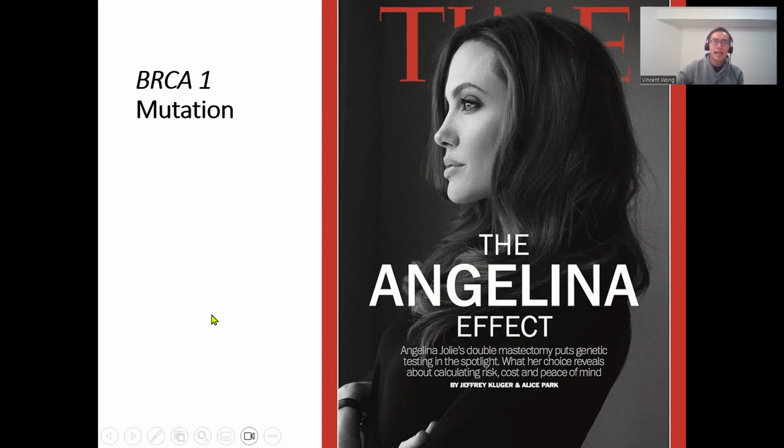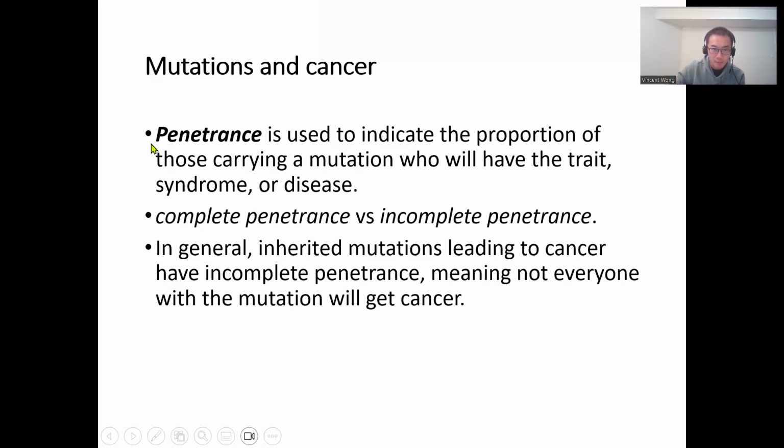And when I say it's just a higher risk, it is because of this concept of penetrance. Okay, this is the last thing, I promise, and then we're done. Penetrance is the concept that describes how likely you are to actually get the disease if you have the disease gene.